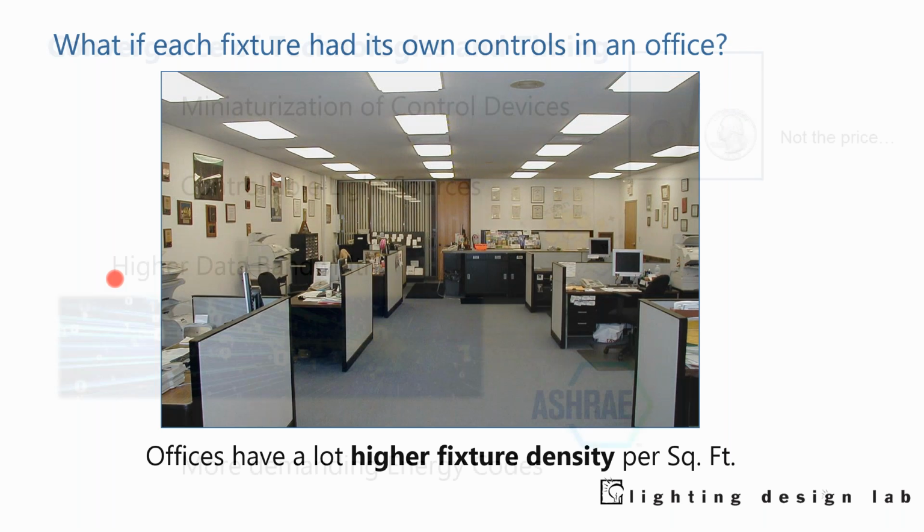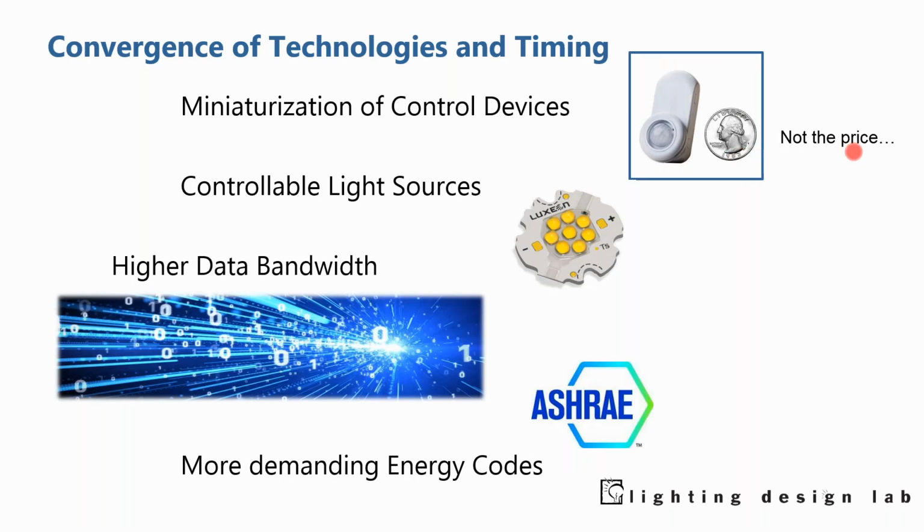But guess what? We are at the convergence of technologies. We've got miniaturized controls. They're tinier. By the way, that's not the price, that's the size. We have controllable light sources. So instead of high intensity discharge, which is basically non-controllable, or fluorescent, which was hard to control, we now have LED.